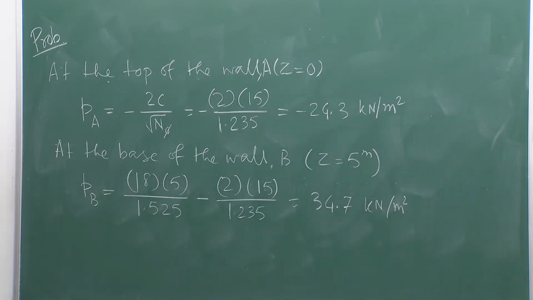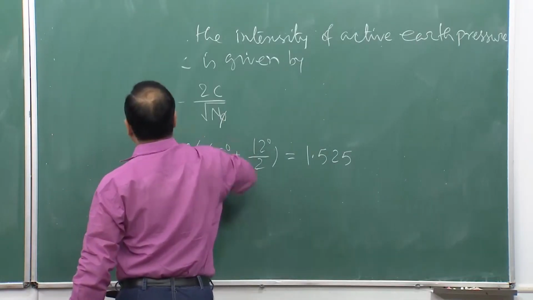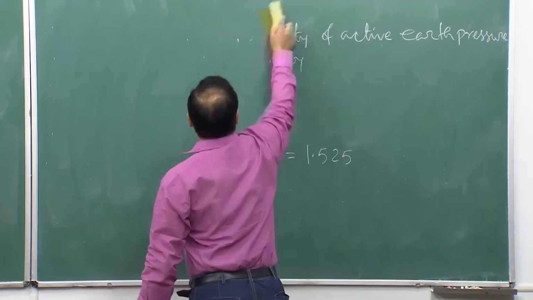That means we have got the active earth pressure at the top of the wall as well as the base of the wall. So, we know two coordinates.